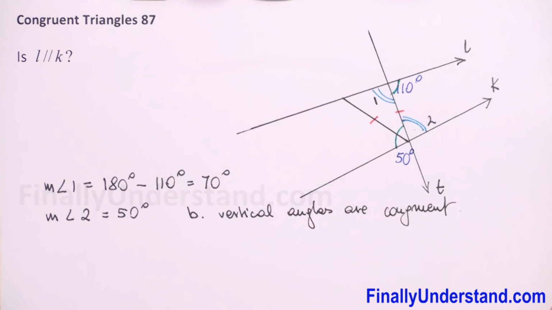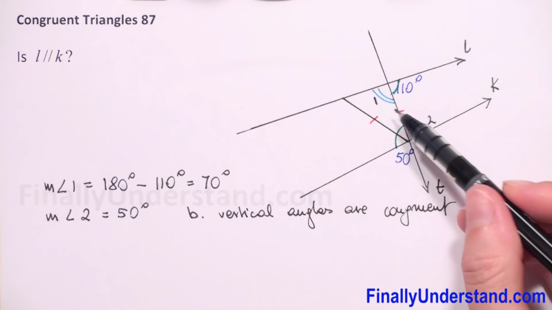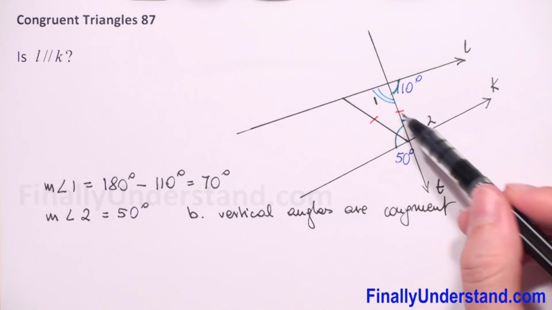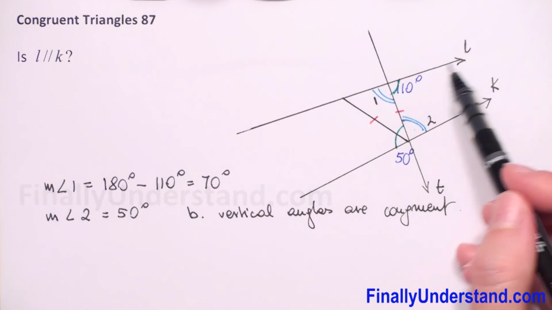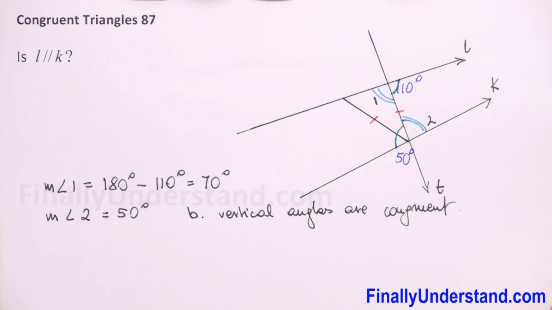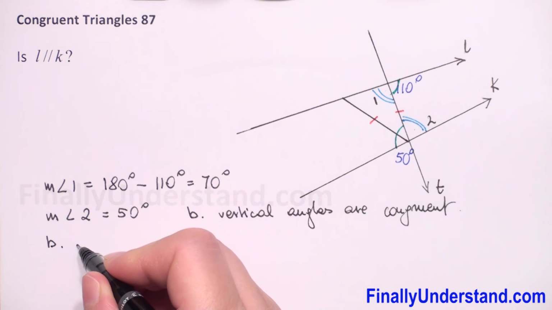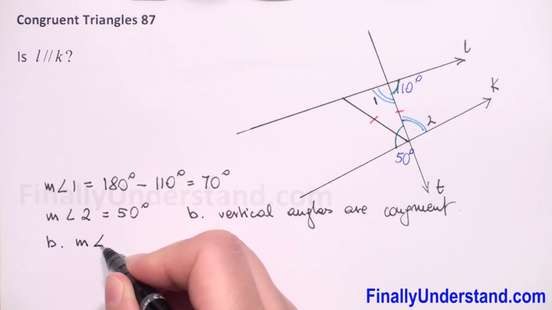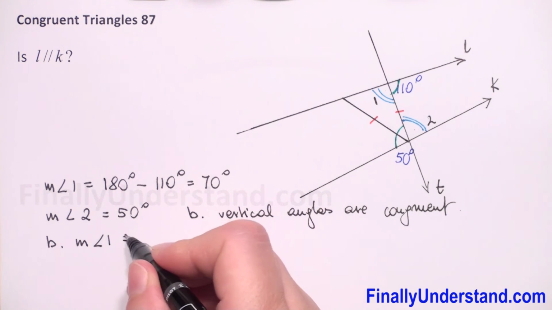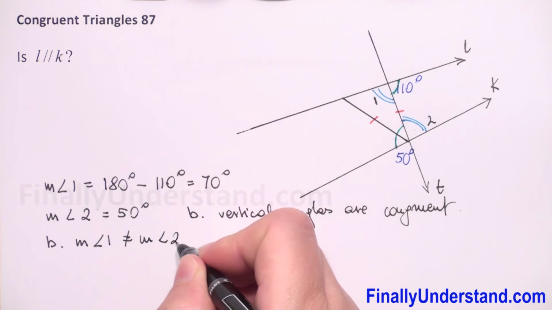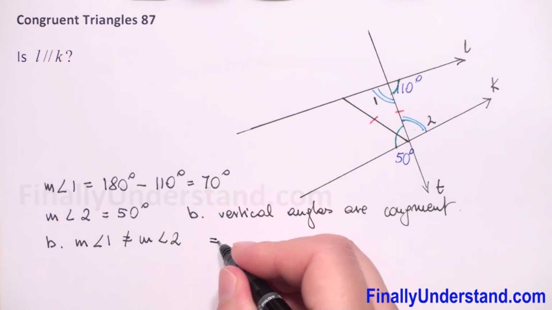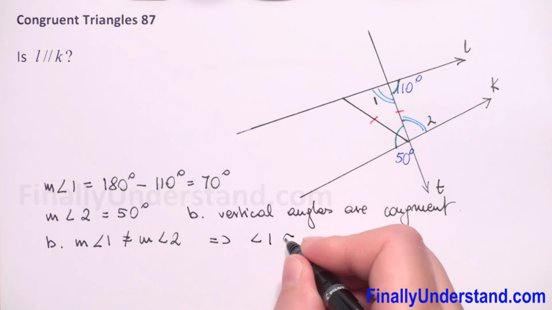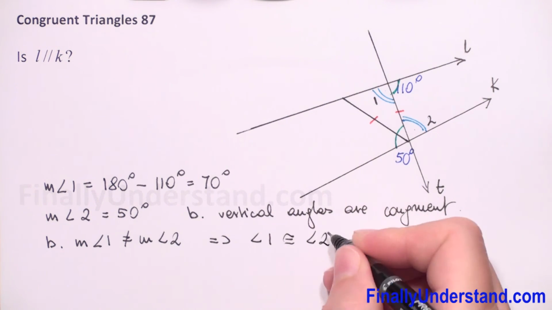So we see that because these two angles are not congruent, it means that these two lines are not parallel. So because the measure of angle 1 is different than the measure of angle 2, we have that angle 1 is not congruent to angle 2.